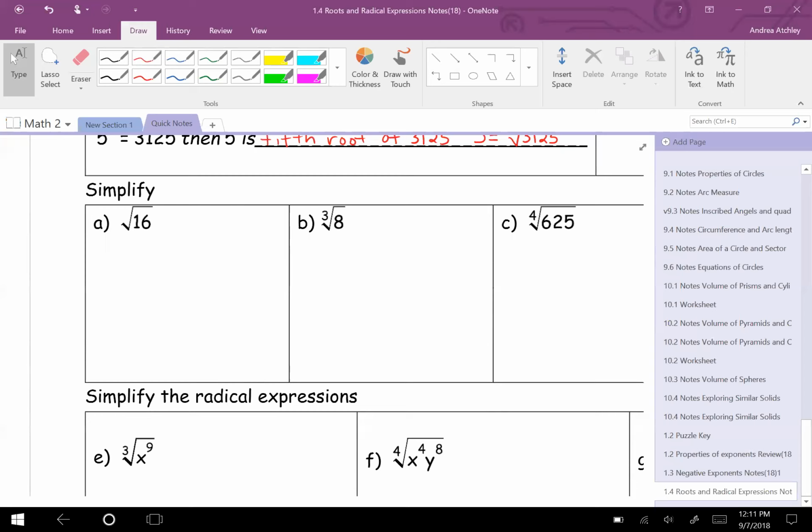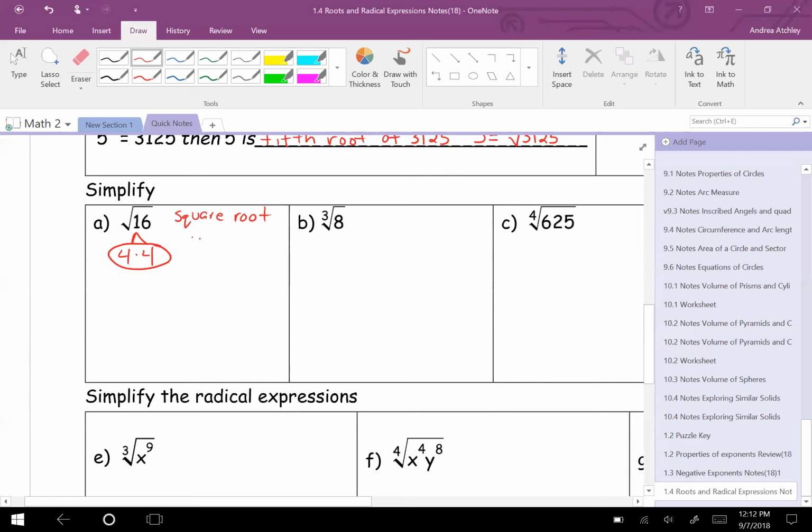Okay. So for 16, most of you guys know what's the square root of 16? 4, because 4 times 4 is 16. We're going to show that by factoring it out. So in your notes, we're going to show all the work. So 16, what times what gives me 16, class? 4 times 4. Now I have a pair, and this is a square root. When there's no number there, you should know it's a square root.